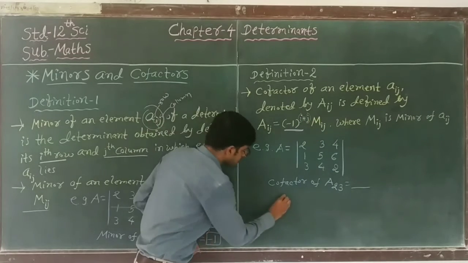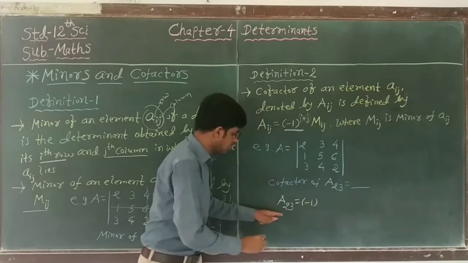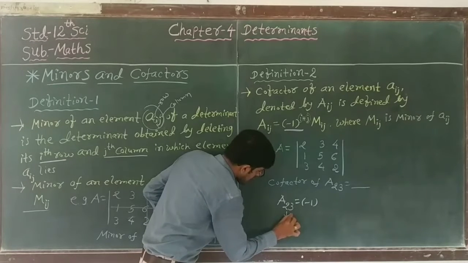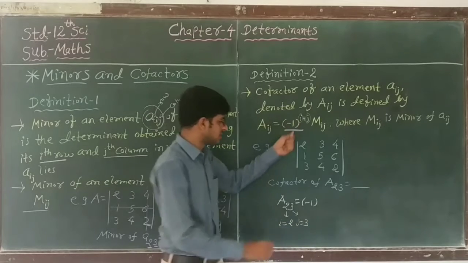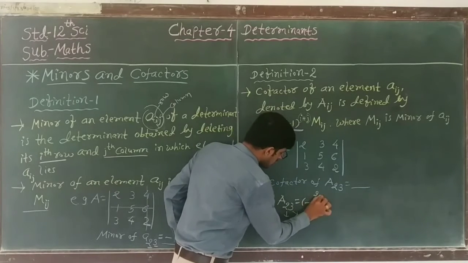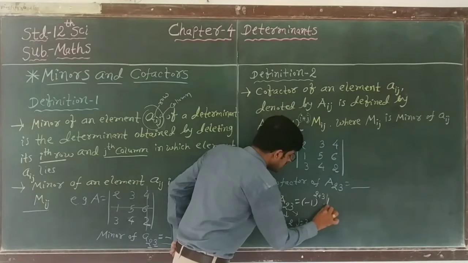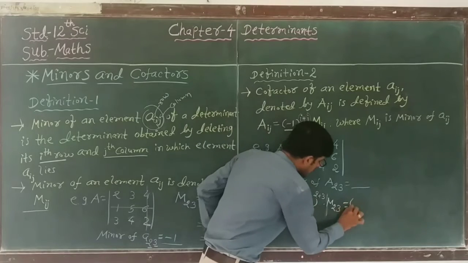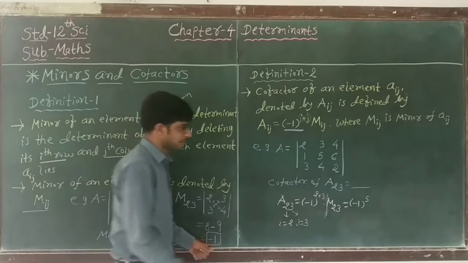So A23 is equal to minus 1 raised to i plus j, where i is equal to 2 and j is equal to 3. Now we put the values of i and j. So minus 1 raised to 2 plus 3 into M23, which is minus 1 raised to 5 into M23, and M23 gives minus 1.